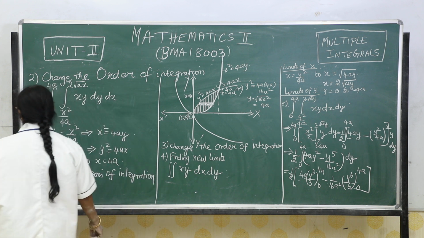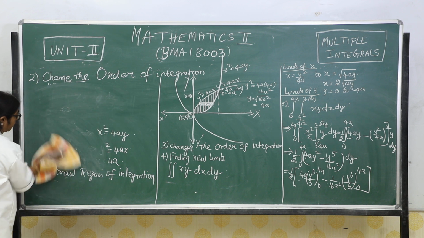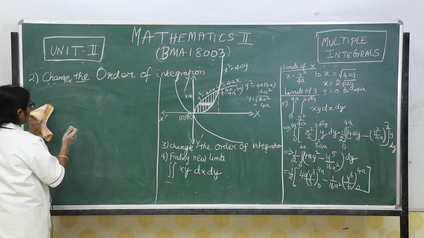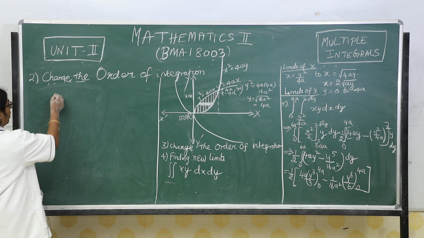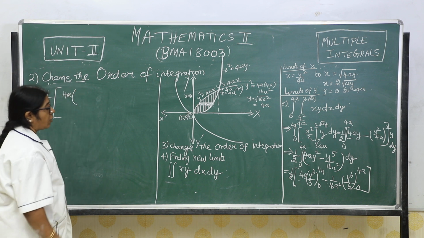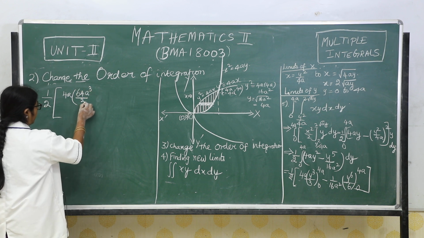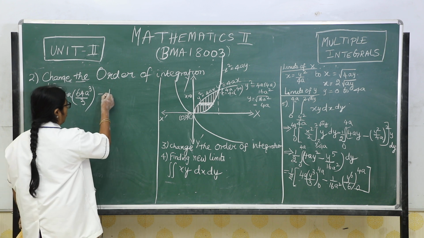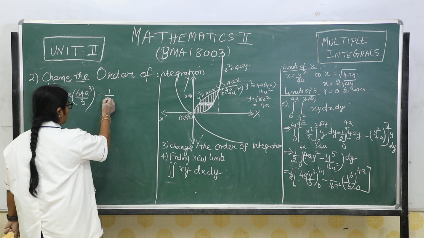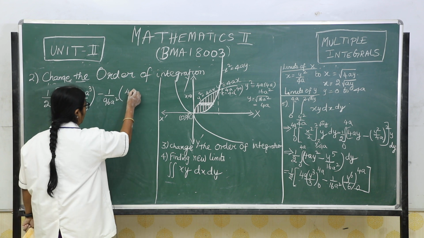So, coming over here, you get half into 4a into 4a the whole cube, 4 into 4 into 4, 64a cube divided by 3, minus 1 by 16a squared into 6, 96a squared, 4a the whole power 6.